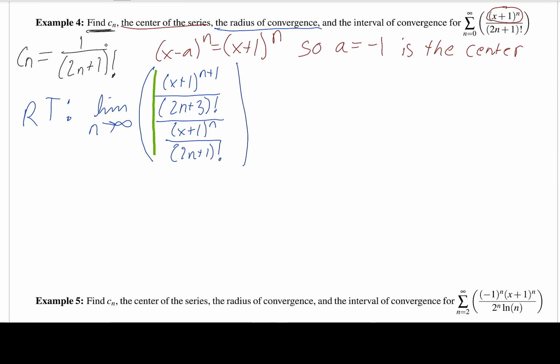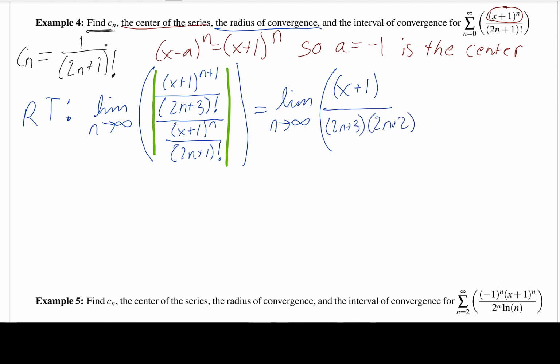As always, we take our absolute value. And so this will be equal to the limit as n goes to infinity of, let's see, so we'll have an x + 1 on top. That'll need to be multiplied by (2n + 1) factorial, which will cancel on the bottom with our (2n + 3) factorial, so we'll be left with a (2n + 3) times (2n + 2) on bottom. And still keeping my absolute value signs in here.